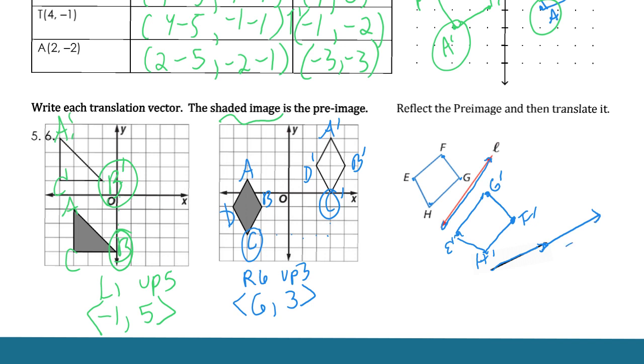And then you will get, I believe, something that looks like this. And this would be E double prime because it's a second iteration. You get G double prime, you get H double prime, and you get F double prime. Kind of cute.